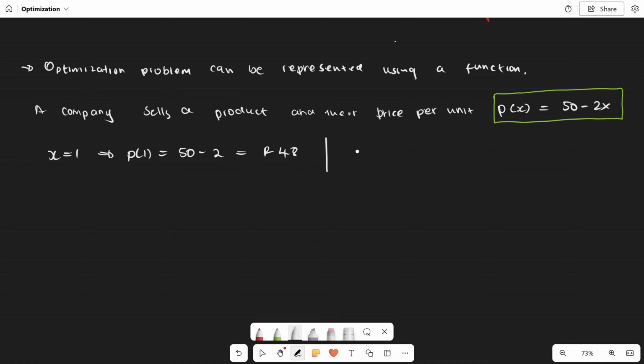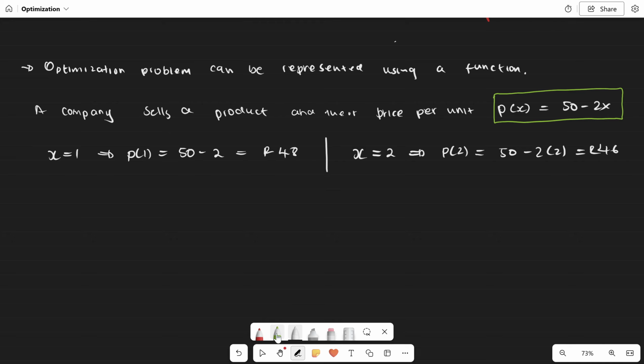But if you were buying two units, X is 2, which means your price now is P of 2, which is 50 minus 2 times 2, which is 46 rands. So you see there's a difference.